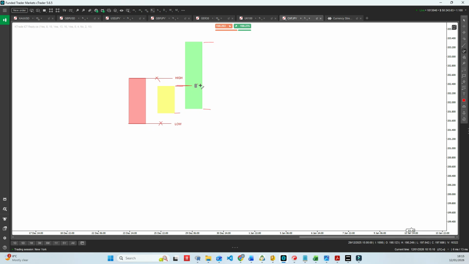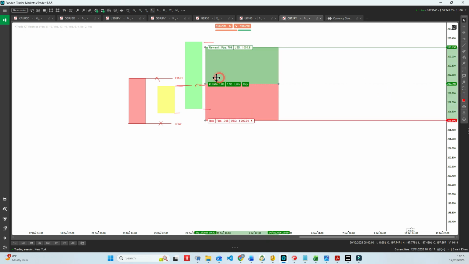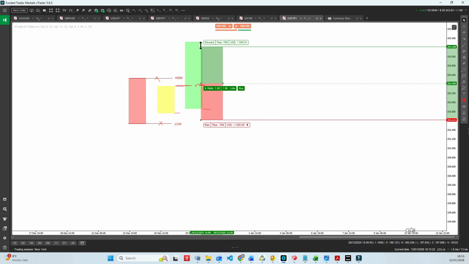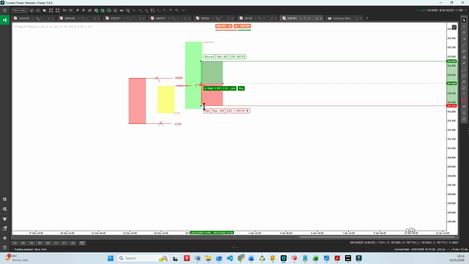So we take our trade right here, right at this break. We take our buy when the candlestick closes. Then we target, like I said, a 1:1 risk reward ratio. In this strategy we keep it simple and tidy.